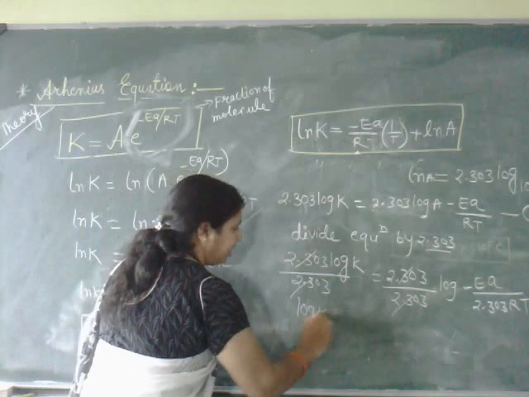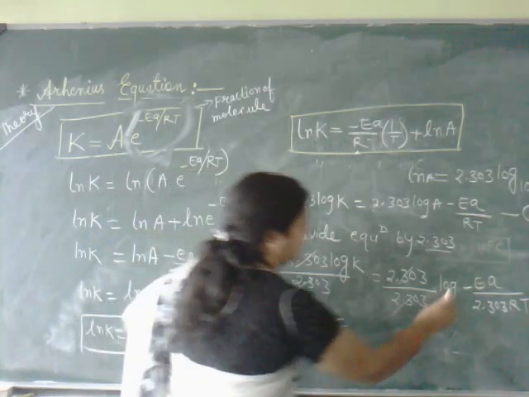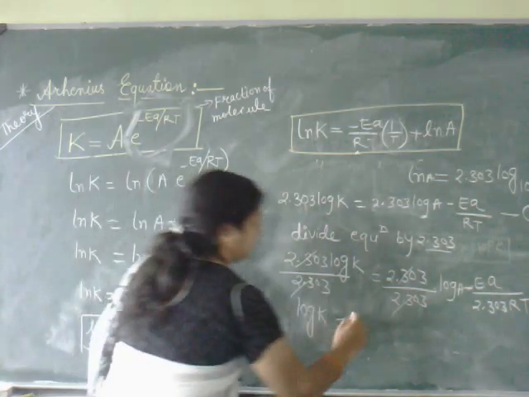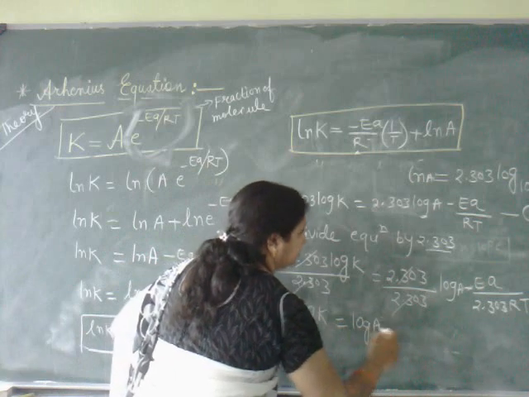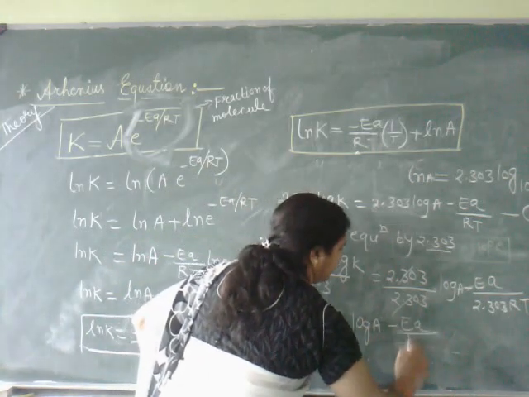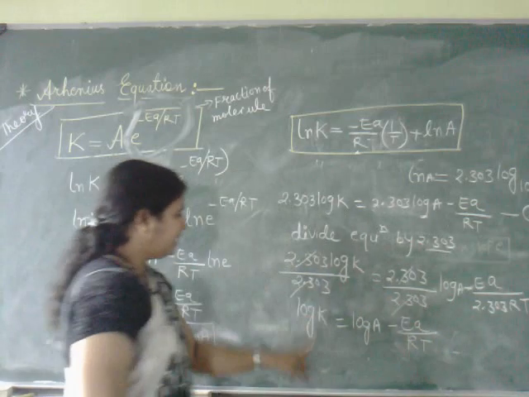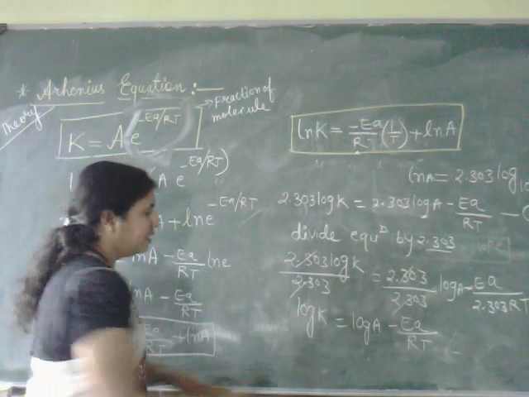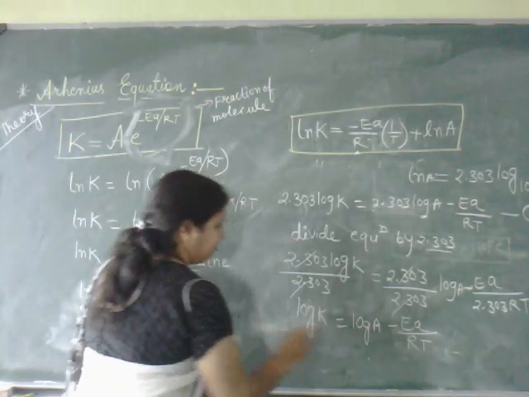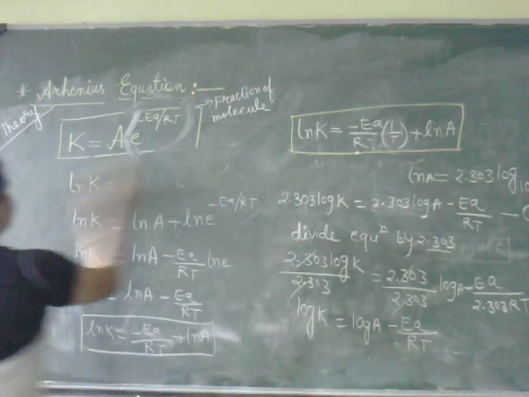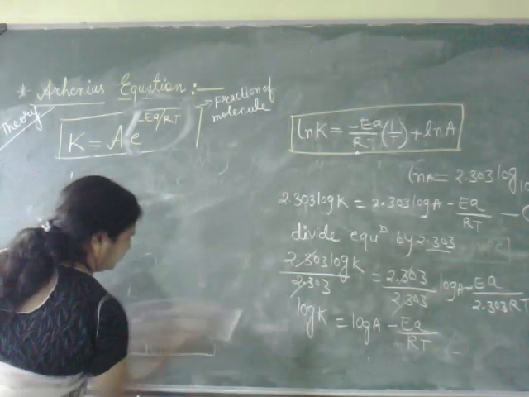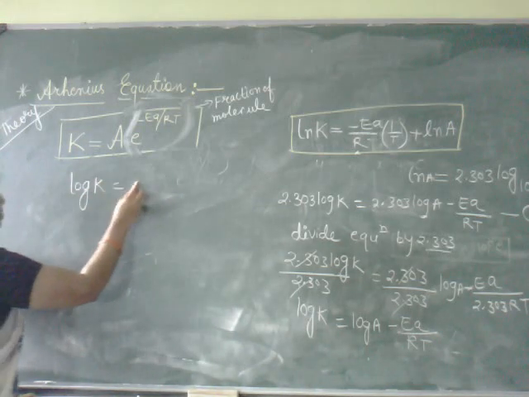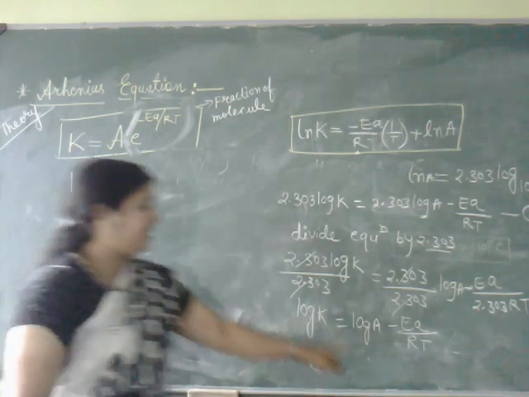We get log K is equal to log A minus EA by RT.